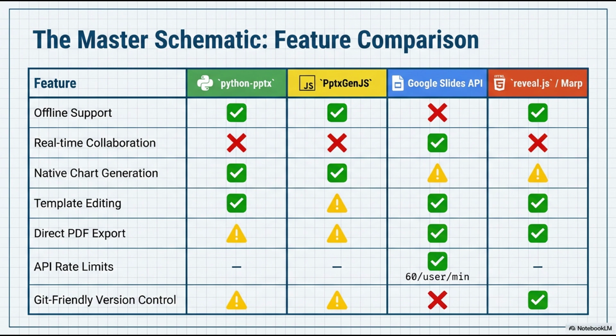This master schematic lays out the key features across different automation pathways we've discussed, helping you identify the right tool for your specific needs. Let's break down the capabilities of Python PPTX and PPTX.js for code-driven generation, the Google Slides API for cloud-based automation, and Reveal.js or MARP for HTML-based presentations.